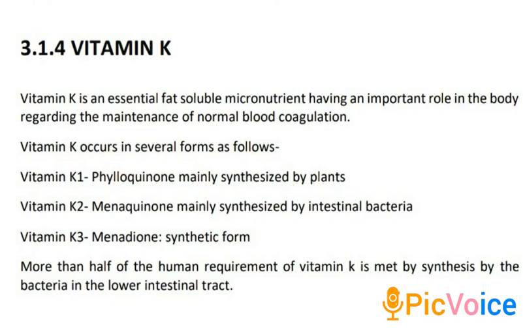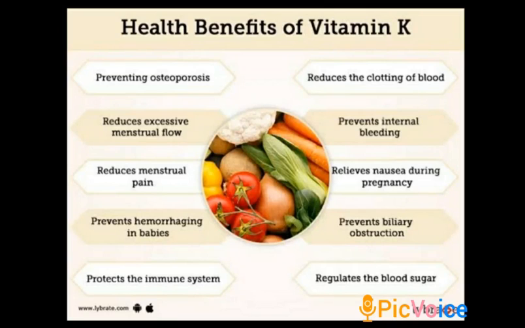Phylloquinone basically is synthesized by plants, menaquinone is synthesized by intestinal bacteria, and menadione is a synthetic form. More than half of the human requirement of vitamin K is met by synthesis by the bacteria in the lower intestinal tract.